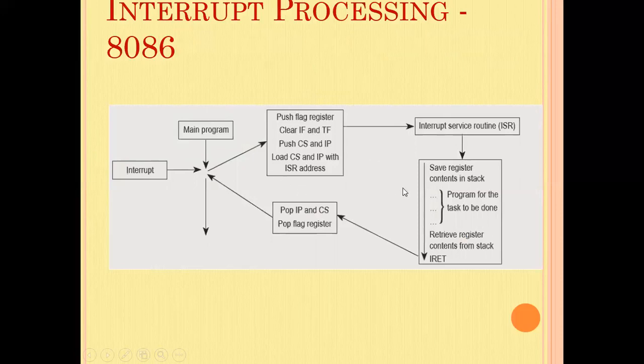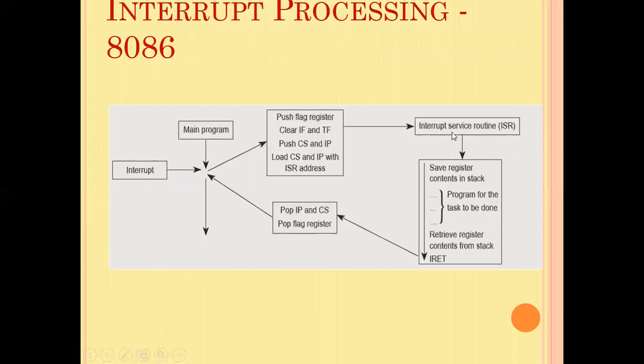This diagram clearly explains how an interrupt is processed in 8086. So this is the main program which is running. At one point of time, an interrupt occurred. Because of the interrupt, it pushes the flags, clears IF and TF, pushes CS and IP, and loads CS and IP of the ISR.